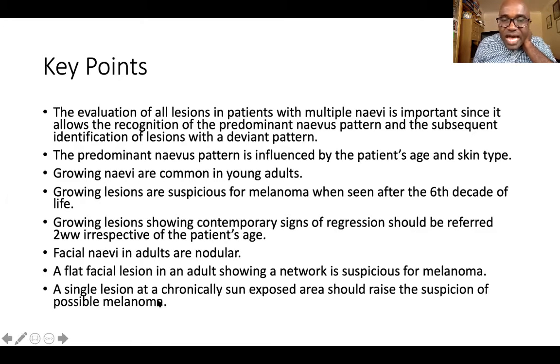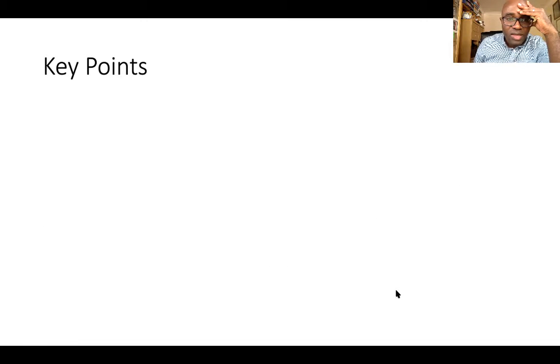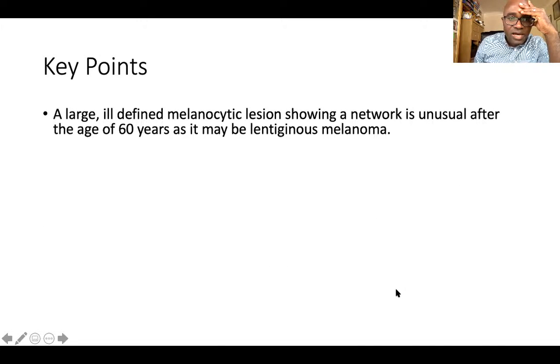Single lesions at a chronically sun exposed area should always raise suspicion of a possible melanoma. A large ill-defined melanocytic lesion showing a network is unusual after the age of 60, so you should worry about a lentiginous melanoma.